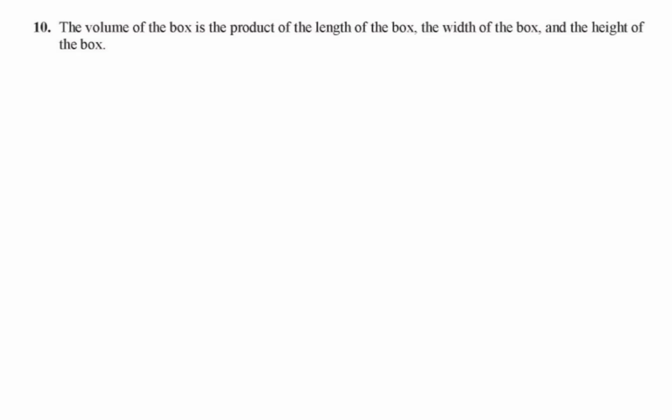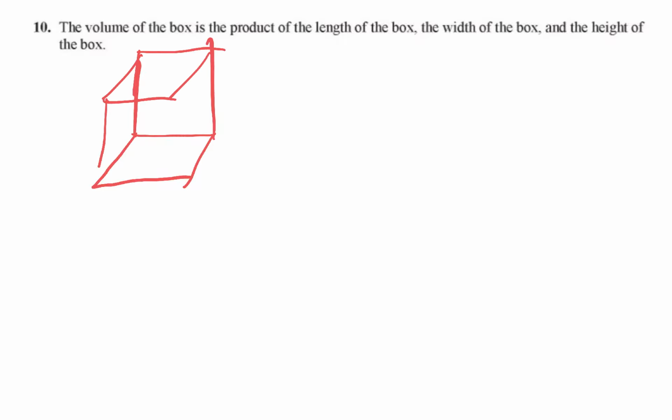Let's do the last one. The volume of the box is the product of the length of the box with the width of the box and the height of the box. So to translate this into an equation, we make a figure of a box. The box has length, width, and height.